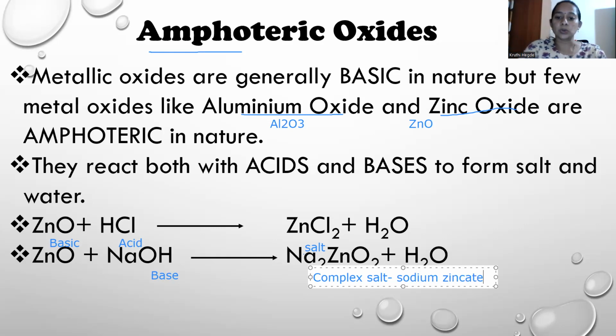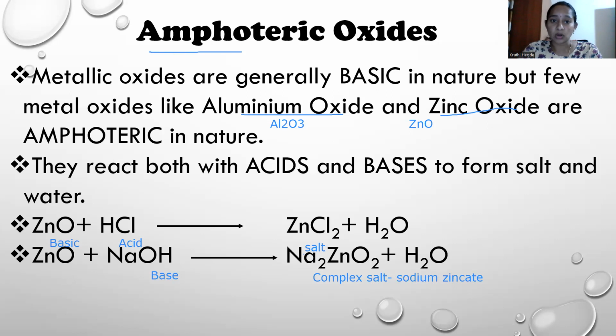So ZnO is reacting with base here to produce a complex salt and water. That means here ZnO is acting as an acid. So by this we can understand that ZnO, that is zinc oxide, is behaving both like acid and base, hence called an amphoteric oxide.